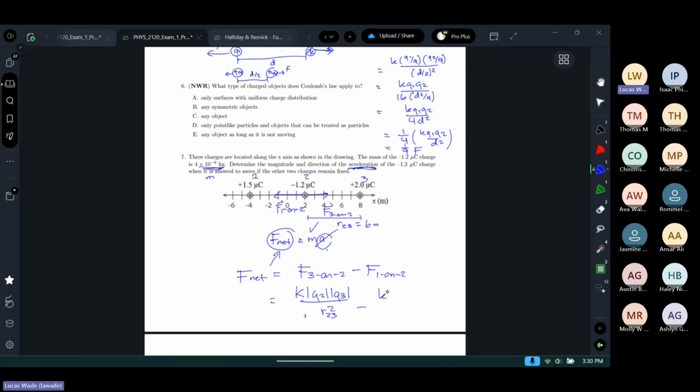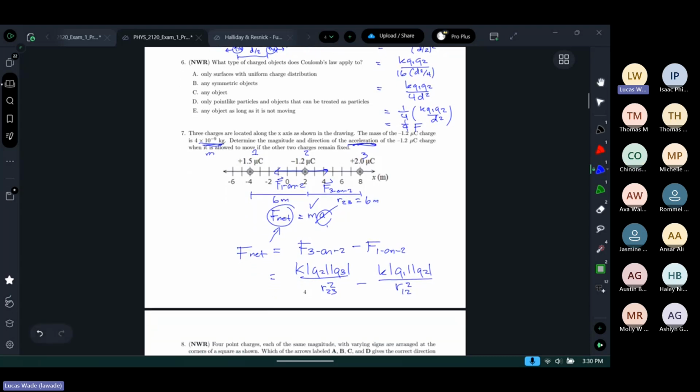And then K, Q1, Q2 over R12 squared. And R12 is this distance between the other two charges. And that also happens to be 6 meters because it's between -4 and 2. So I would calculate this out.